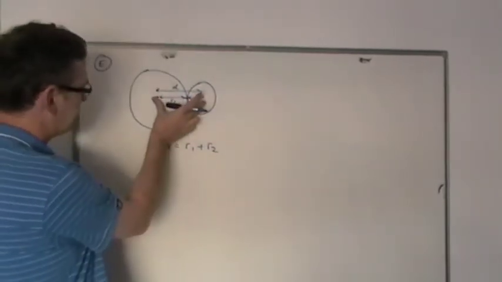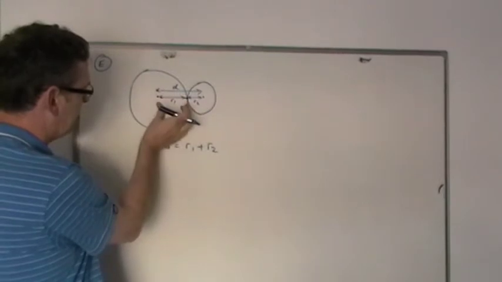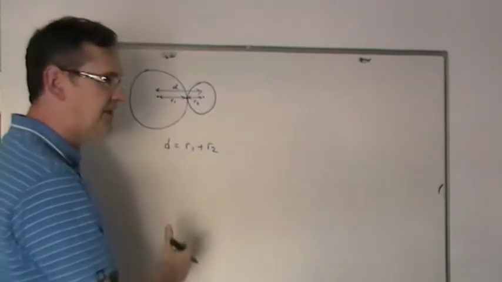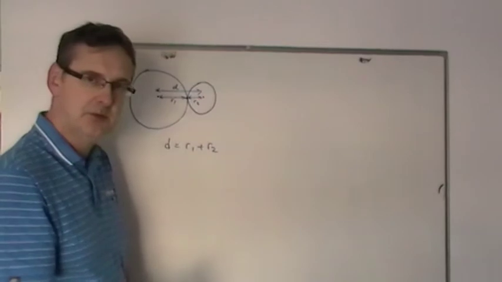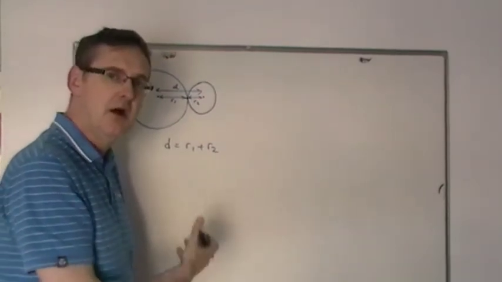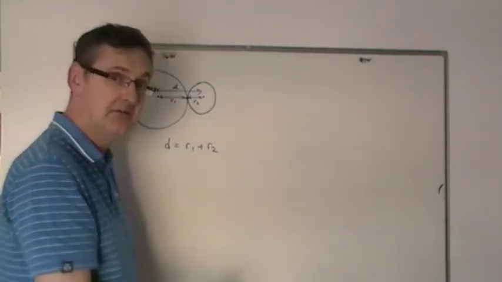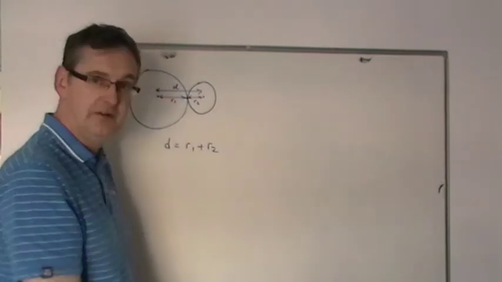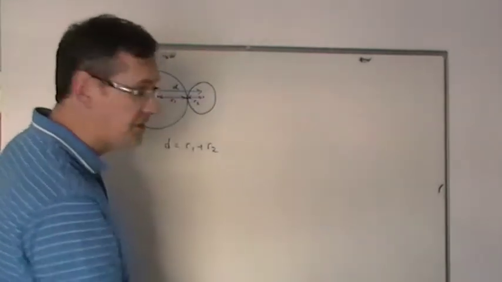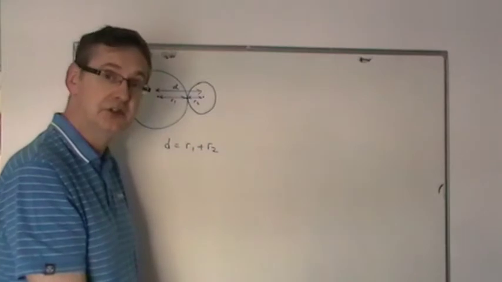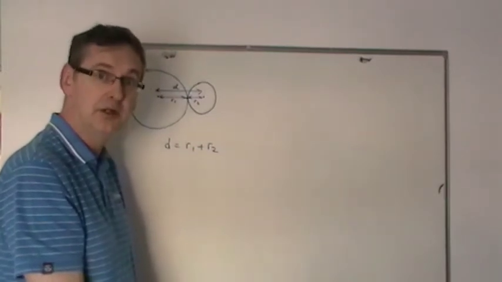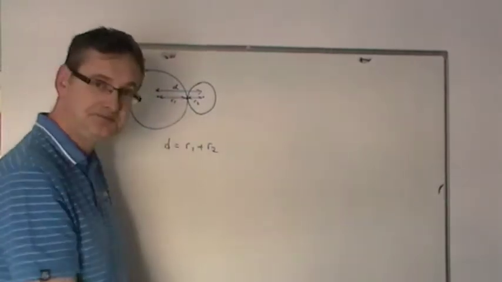So work out the distance between the two centre points, work out R1, work out R2. If you find that the distance between the two centre points is the same as the radius of the first circle added to the radius of the second circle, you will find that you have that setup, which means that the circles are touching externally at just one point, and that's the picture.